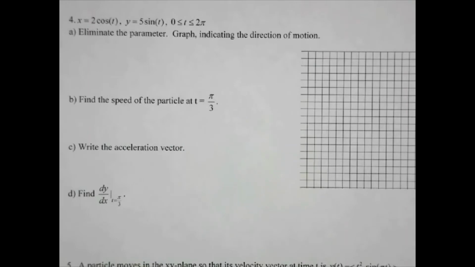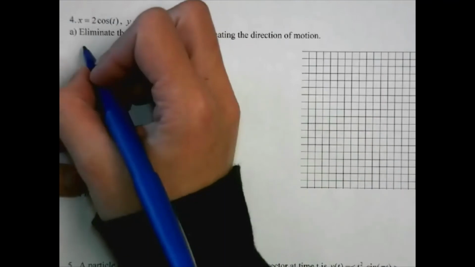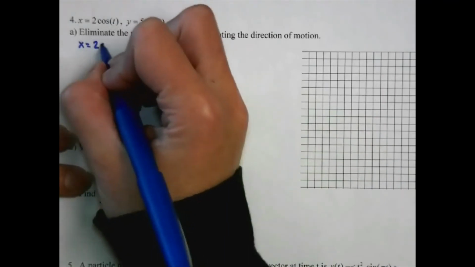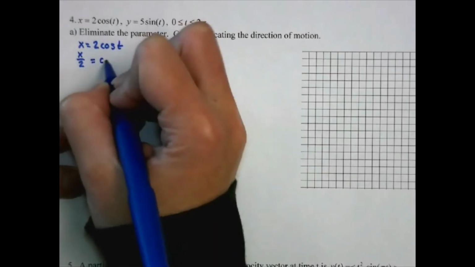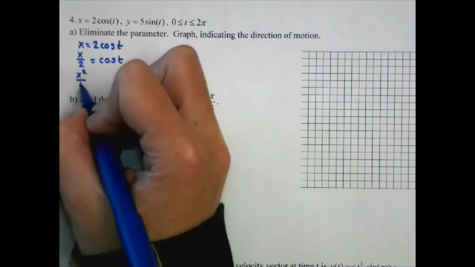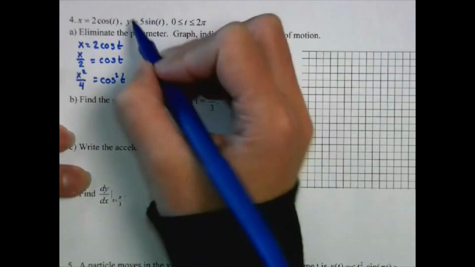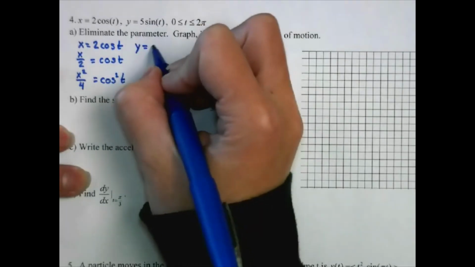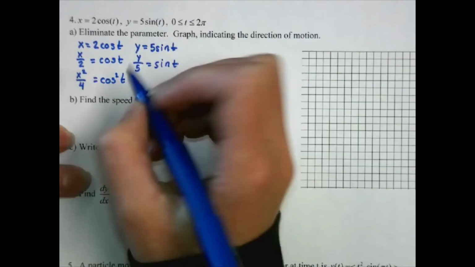So we have another one involving sine and cosine. So we're going to eliminate the parameter. So if x is 2 cosine of t, that means x over 2 is equal to cosine of t, which means x squared over 4 is equal to cosine squared. And then we'll do the same thing here. Y over 5 equals sine of t.